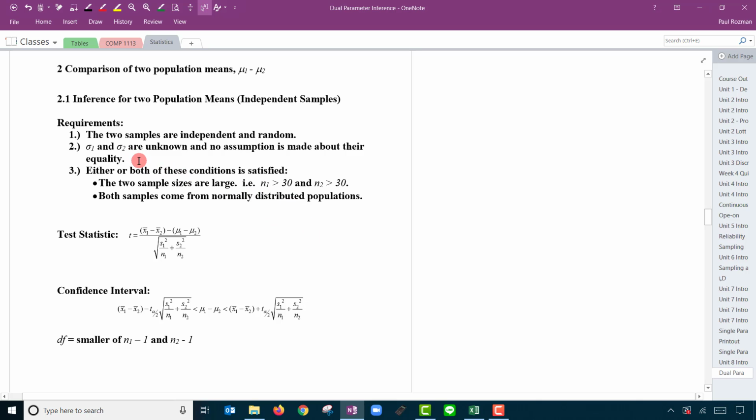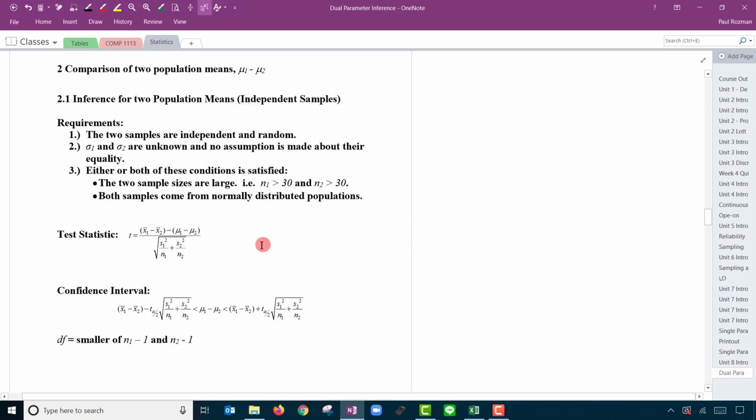But let's just do a case where we're never going to know anything about our variances, and therefore we'll use the formulas given here. But in order to do a comparison of two means, we're going to do the case where we don't know what sigma is, which means we will use the t-distribution. And in order to use a t-distribution, we need either that the populations are normal to begin with, or we need to make sure our sample sizes are large enough, using the magic number of 30.